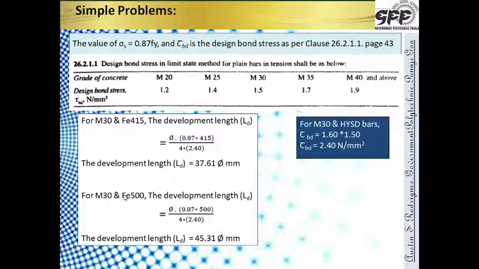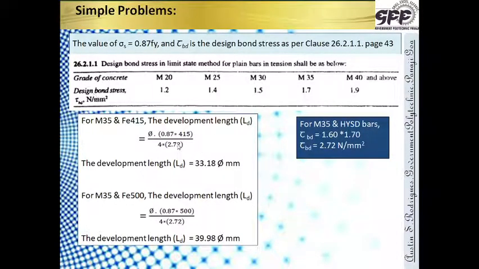Similarly for M30 and Fe500, the development length LD comes equal to phi into 0.87 into Fy, which is 500, divided by 4, and this value which we have already calculated comes to 2.4. So the development length LD is equal to 45.31 times the diameter.